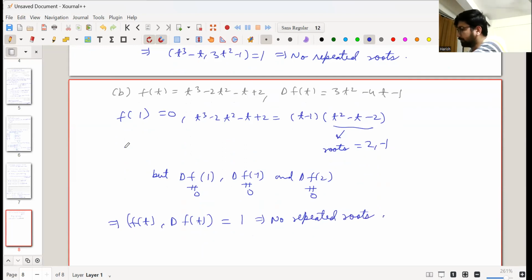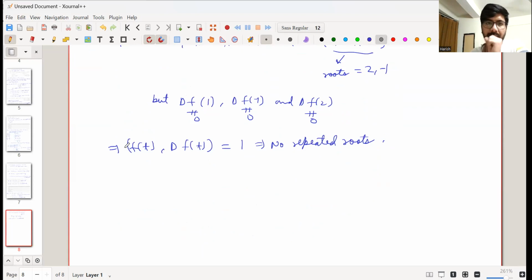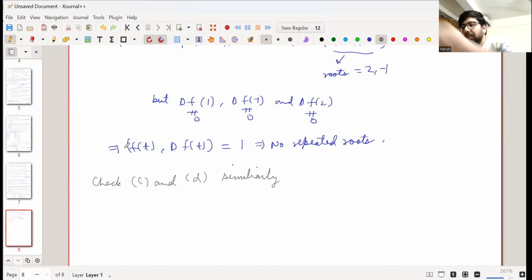Similarly, you can check the other two, I guess. So I'm leaving it for you to check C and D similarly, because we have done enough questions of such kind.